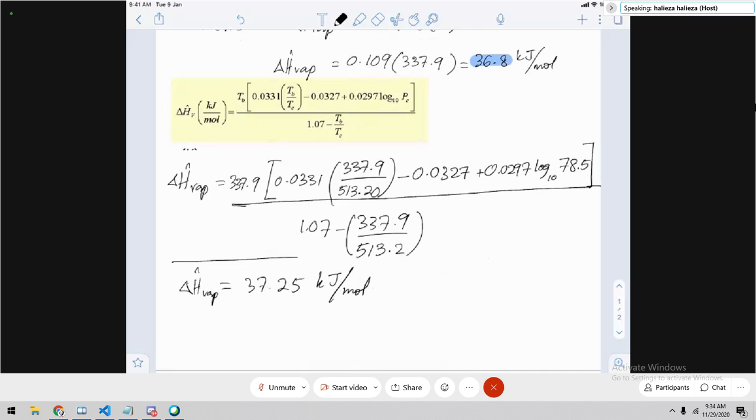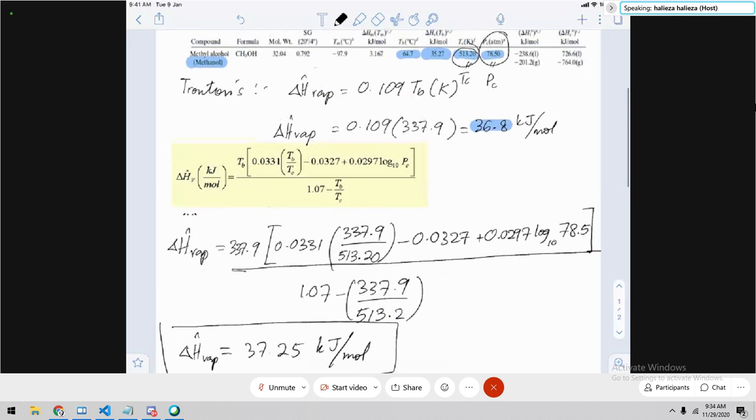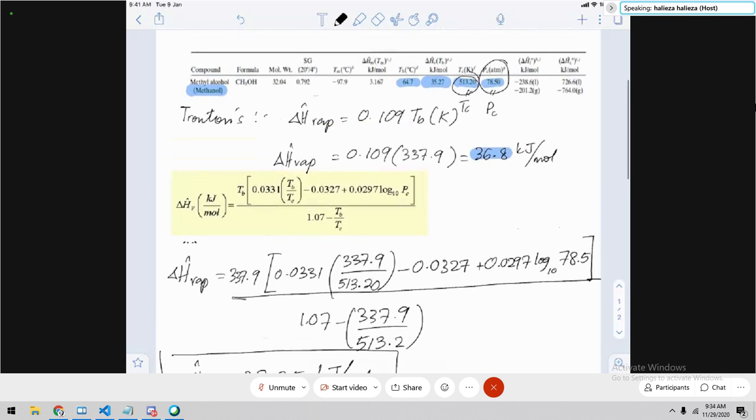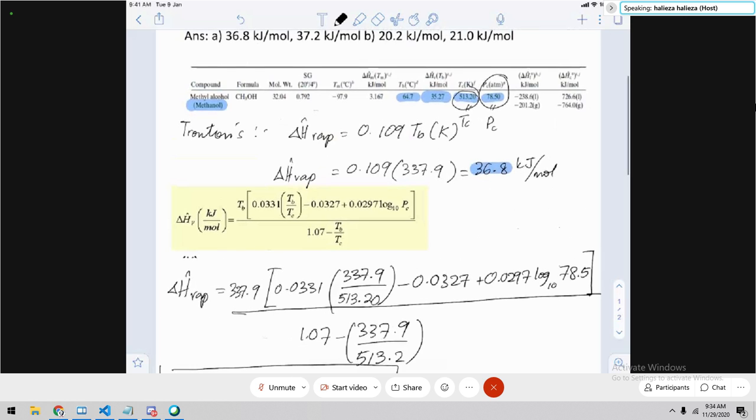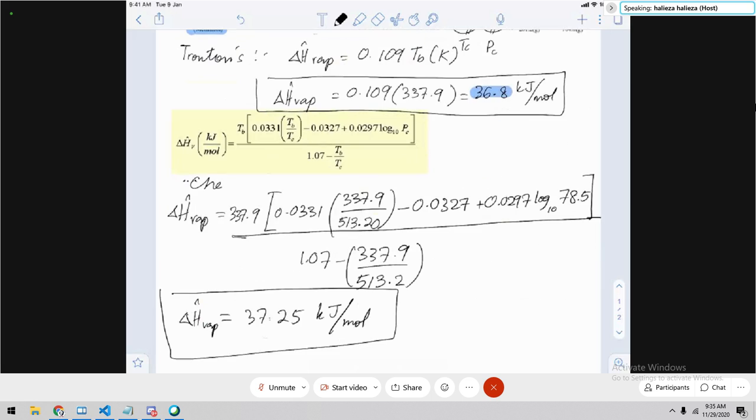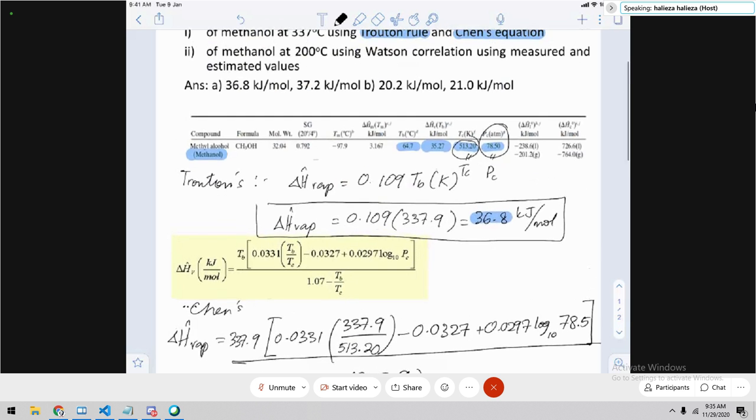Anybody? That is 37.25. Because I'm using the third edition, somehow it's not written here. If you have the fourth edition, have a look at your solution in your textbook. This is using Trouton, this is using Chen. By right, Chen should be very close, but it seems to be getting further from the actual value, isn't it? The actual value is 35.27.